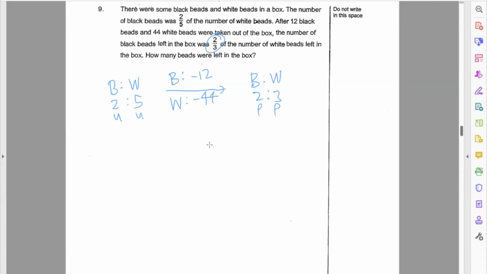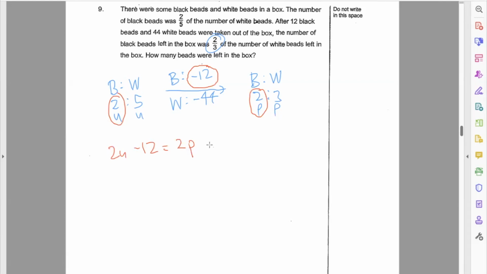Get the color right. So the black bits, you start off with 2 units of black bits. You remove 12 black bits and end up with 2 parts of black bits. So it's 2u minus 12 black bits, ended up with 2 parts of black bits. Now let's look at the white bits.